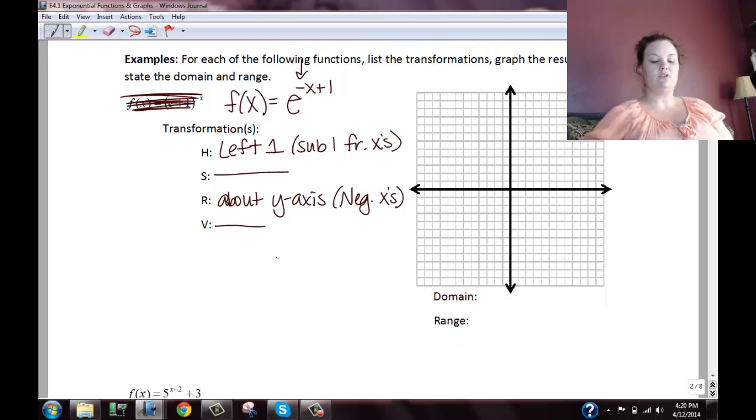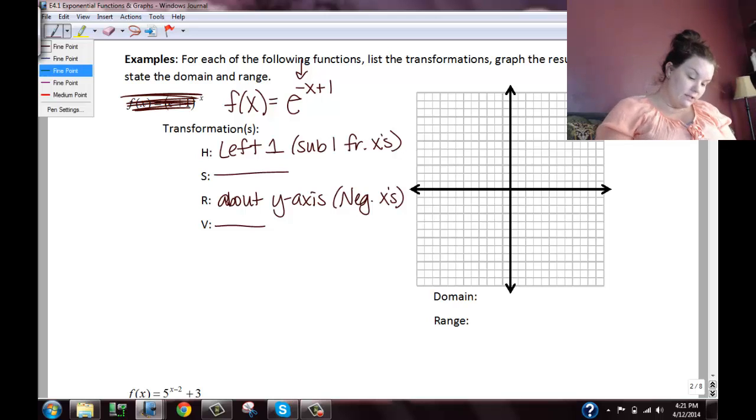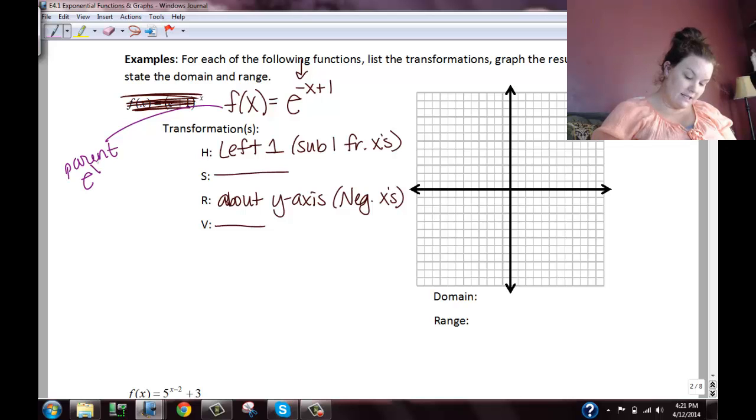So when we did transformations before, we knew how to pick our xy table, right? If it was a square root, we started with like 0, 1, 4. If it was a parabola, we took like negative 2, 0, 2, that kind of thing. The same thing is true here, but we start out with whatever our exponential base is here. So I'm going to go ahead and just put here, for this function, our parent function would be e to the x.